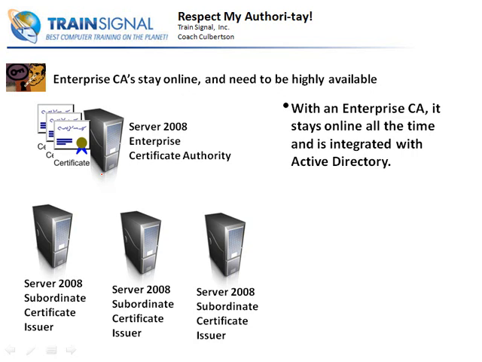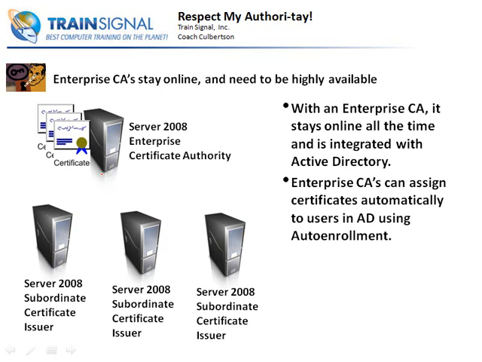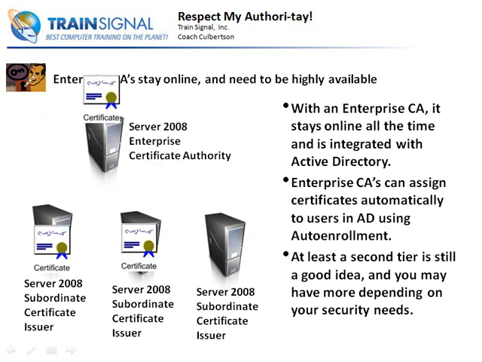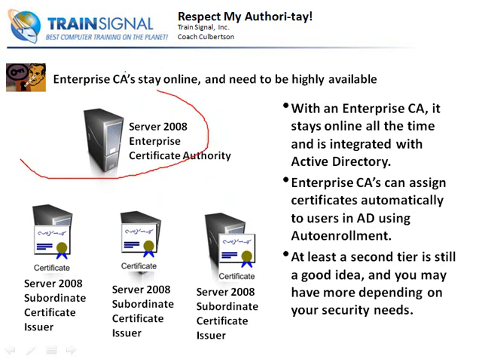You want it to stay online, because this guy is going to allow you to provide certificates to users in Active Directory using a feature called auto-enrollment. And once those users have certificates from auto-enrollment, we can still use that second tier and issue those certificates out using other servers. We still want to protect our root enterprise certificate authority.